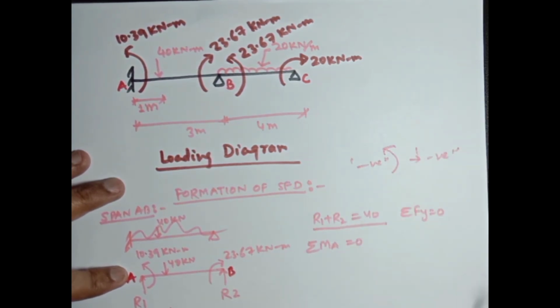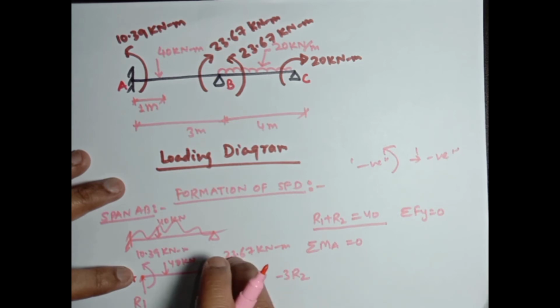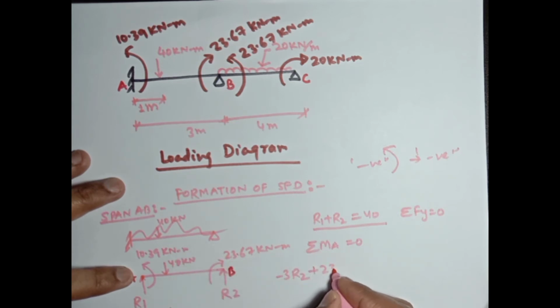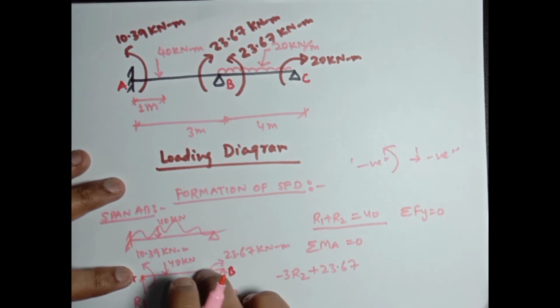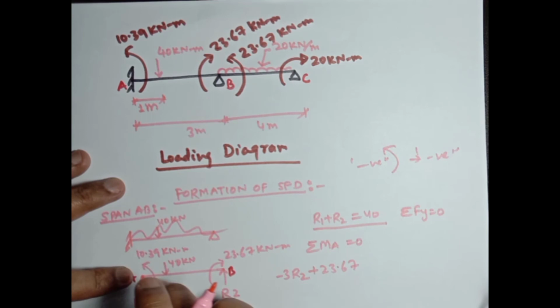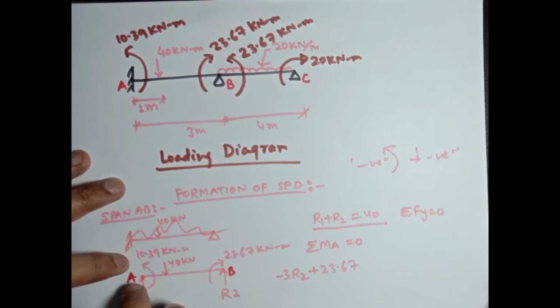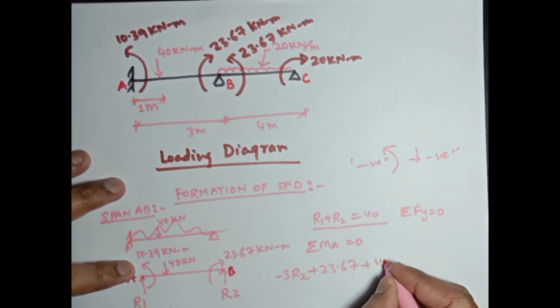So R2 multiplied by this length 3 gives minus 3R2, because R2 gives an anti-clockwise moment about joint A. There is a moment of 23.67, which is positive because it is acting in clockwise direction, and the 40 kilonewton point load gives a clockwise moment about joint A. It is acting at a length of 1 meter, so 40 into 1.